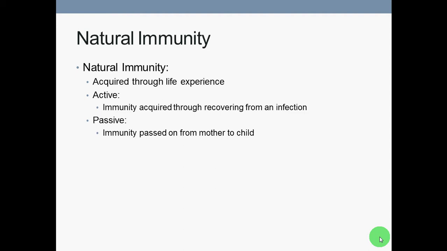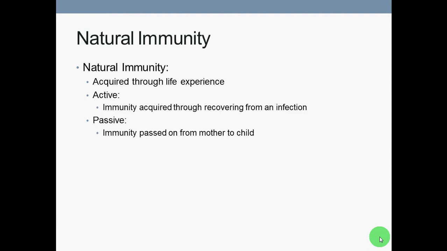An example of natural immunity would be an active type, which is actively acquired through recovering from an infection. For example, if you had, say, the mumps and you survived that, then you would have lifelong immunity to the mumps.